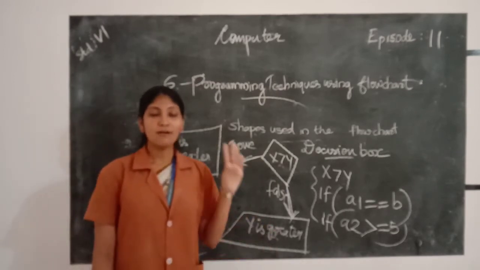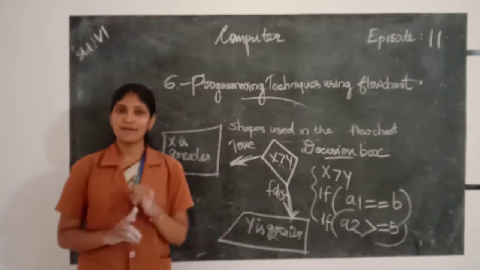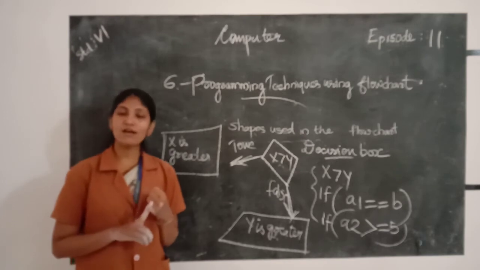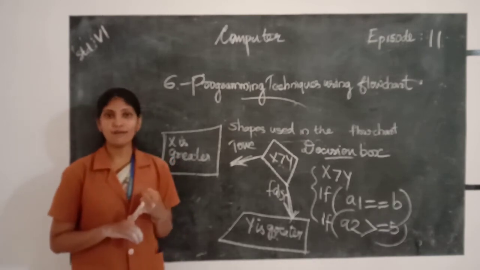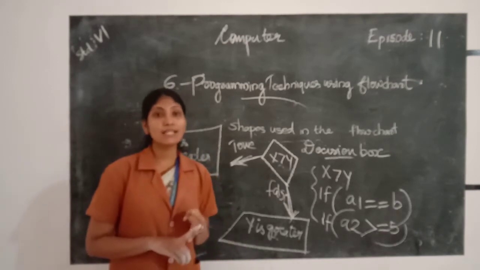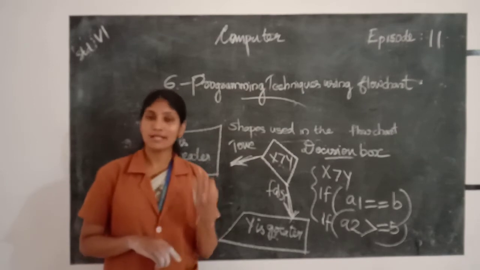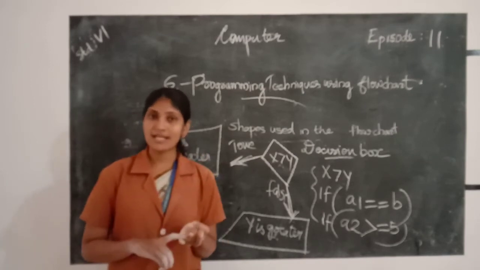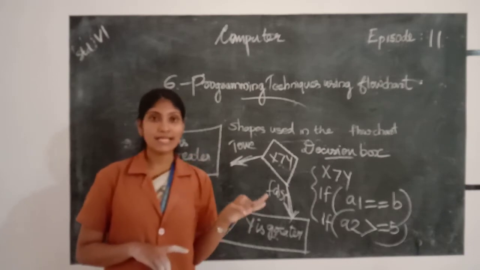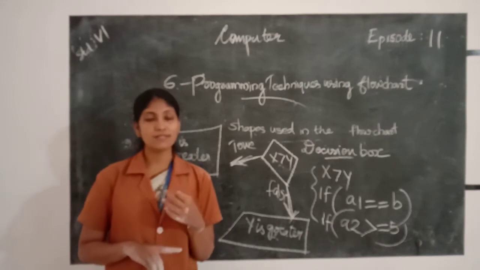So these are the four main shapes used in the flowchart. What are they? First one, terminal box, which is used for the beginning and ending of the flowchart, start, stop, etc. Second one is the input or output box, which means to read a data or to print a data. Third one is the processing box.